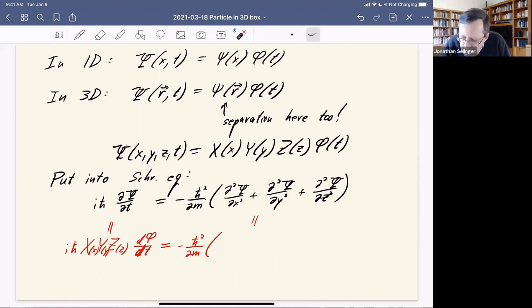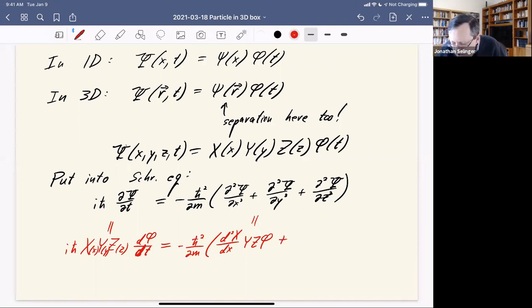But in this product of functions, only one of them depends on x, that's the capital X. Everything else is a constant with respect to little x. So the second partial derivative of the product with respect to x is just the second derivative of the big X function times big Y times big Z times φ.